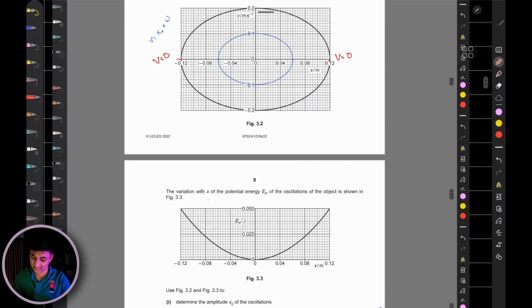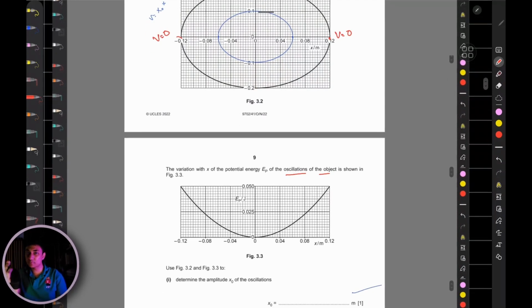The variation with displacement x of the potential energy, EP, of the oscillation of the object is shown. They're telling you at lowest displacement, maximum potential energy. At maximum displacement, maximum potential energy.